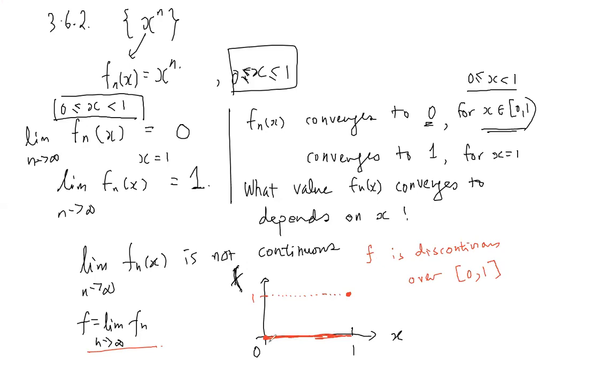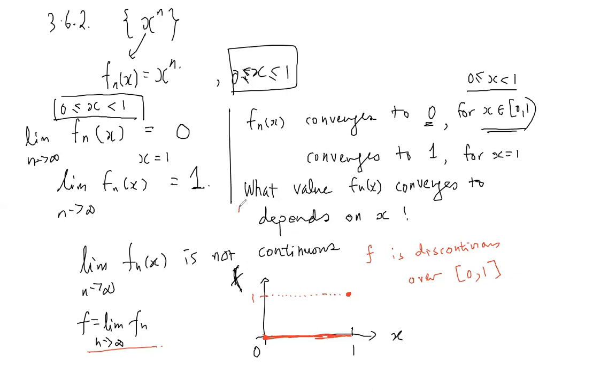So there's this discontinuity there. So pointwise convergence cannot preserve the property of continuity. The continuity of your limit, the limit of fn, is not guaranteed when you have pointwise convergence.